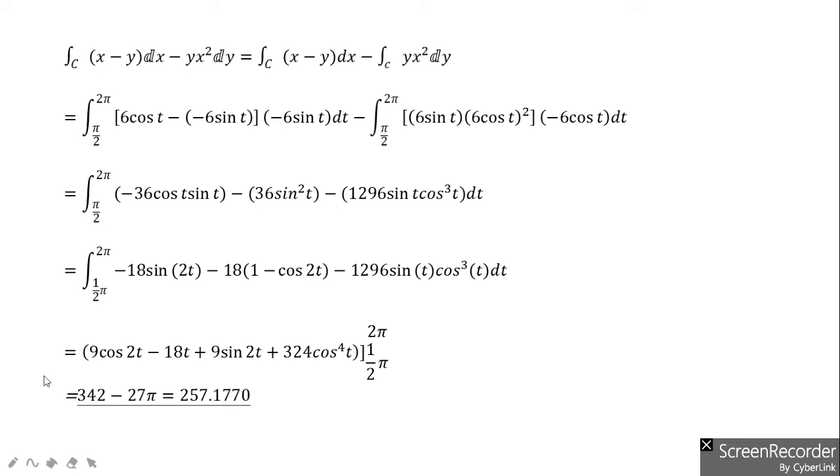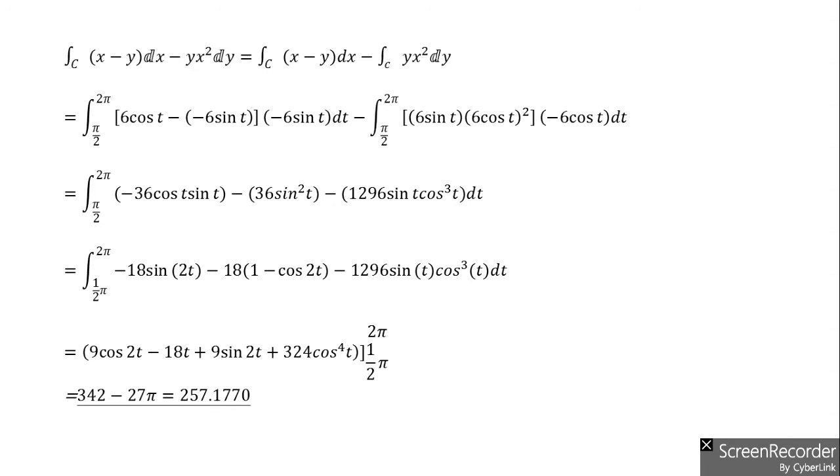For the final answer, we will get 342 minus 27 pi, which is equal to 257.1000. Don't forget to correctly deal with the differentials when converting the line integral into a standard integral.